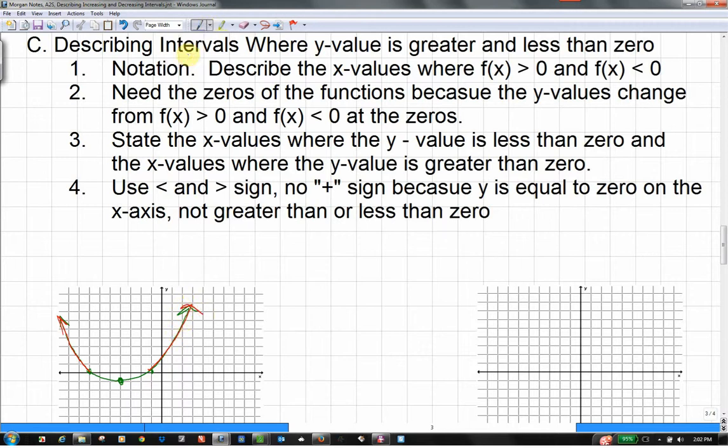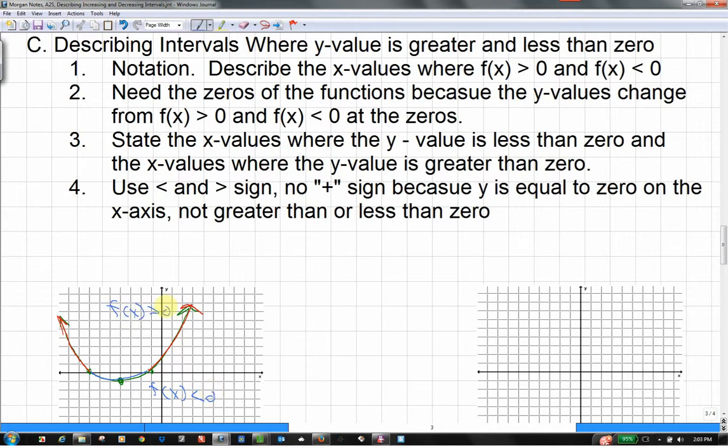And these are the values of y where I go below the x-axis. So these all above the x-axis are my positive y values. Below the x-axis would be where f of x is less than 0. Above the x-axis would be the place where y is greater than 0.